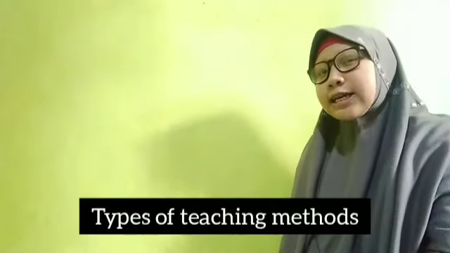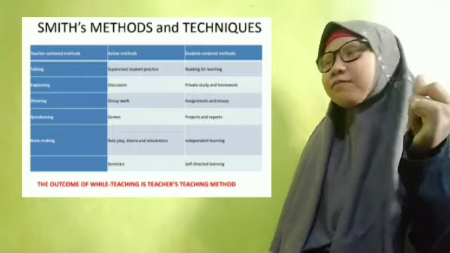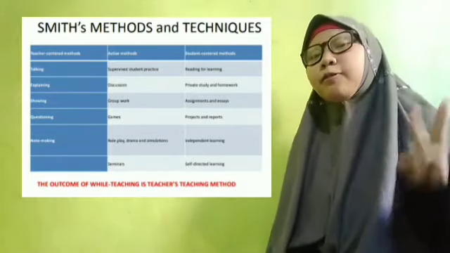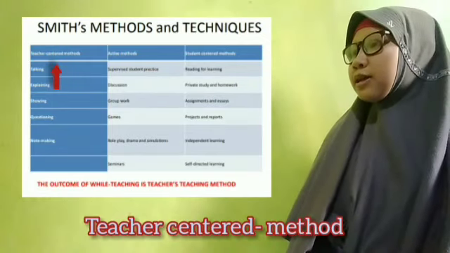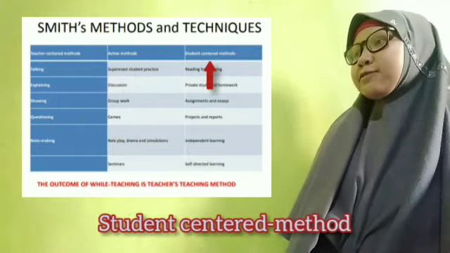So what are the types of teaching method? According to Smith, there are some types of teaching method. Let's see the following figure. We can see in the Smith method, there are three main stages: teacher-centered method, active method, and also student-centered method.